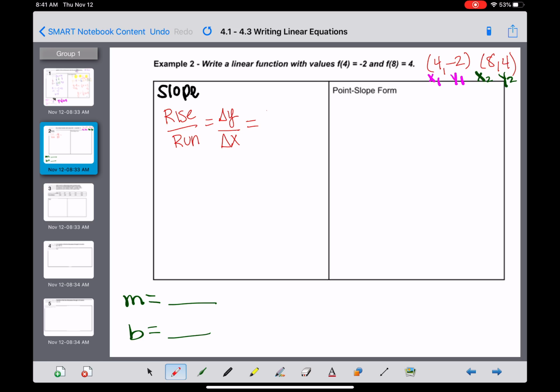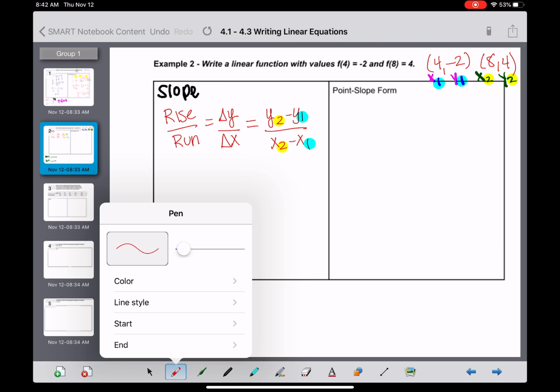So that leaves us with the formula y2 minus y1 over x2 minus x1. Now, these subscripts do not mean anything mathematically. It doesn't mean to square or to multiply by 2. All it means is that is your second coordinate that you're working with. And the subscript of 1 means those are the first coordinates that you're working with.